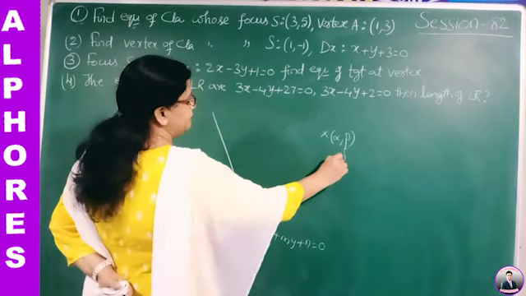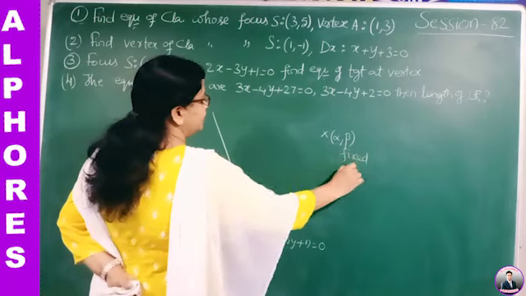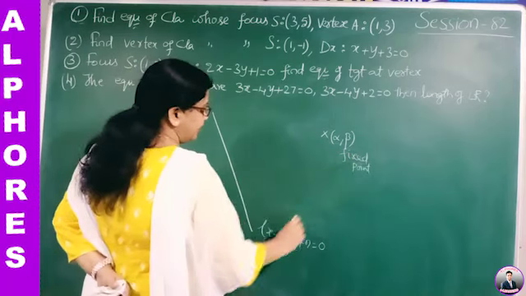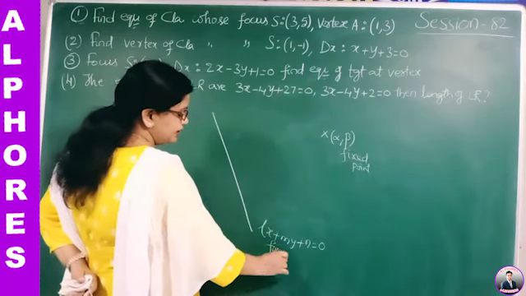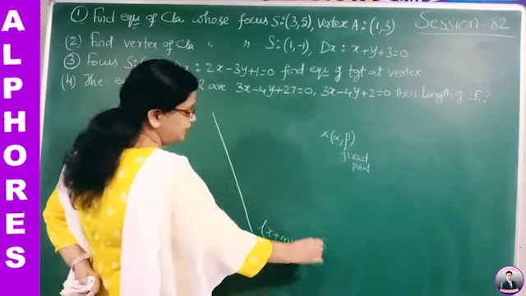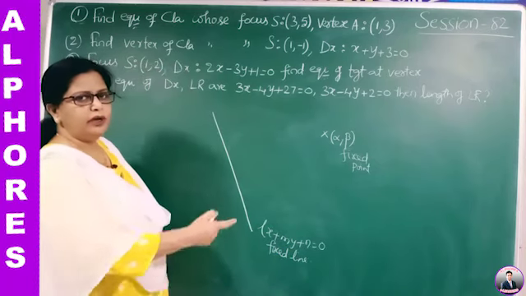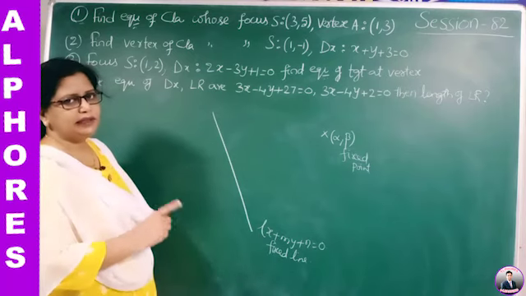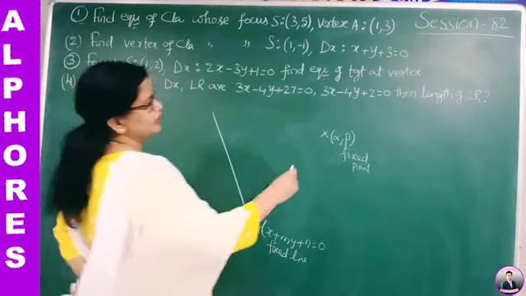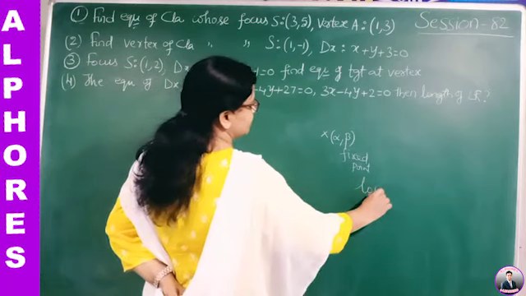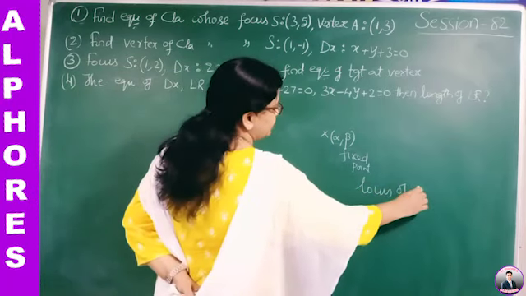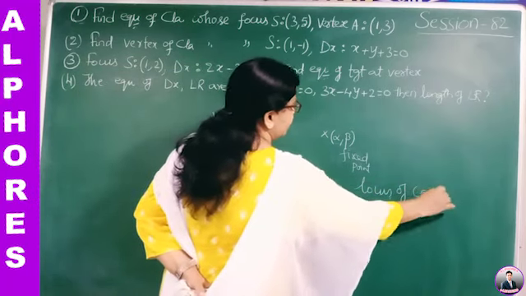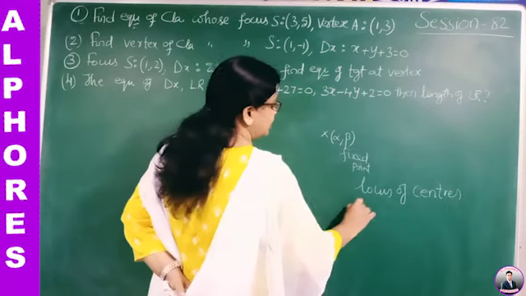So a fixed point and a fixed line are given in the data, and now they will ask about the locus of centers of all circles. This is one of the important concepts, students: locus of centers of all circles.